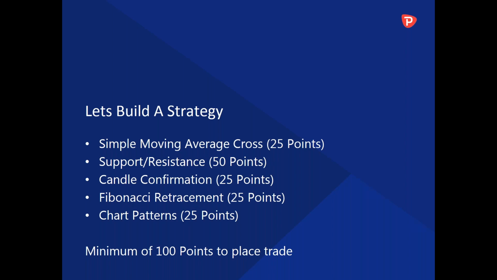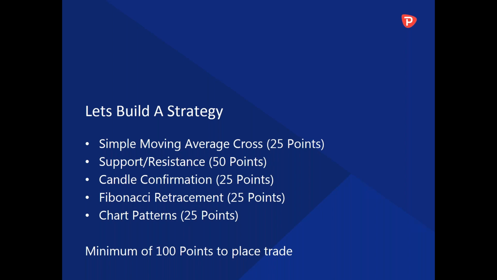So when we're building a strategy using these steps, it doesn't matter what your strategy necessarily is, but if you have a strategy you believe is successful, write that down and figure out what you think the most important part of that strategy is. So it may be support resistance, it may be something else, maybe a moving average or an indicator or whatever.